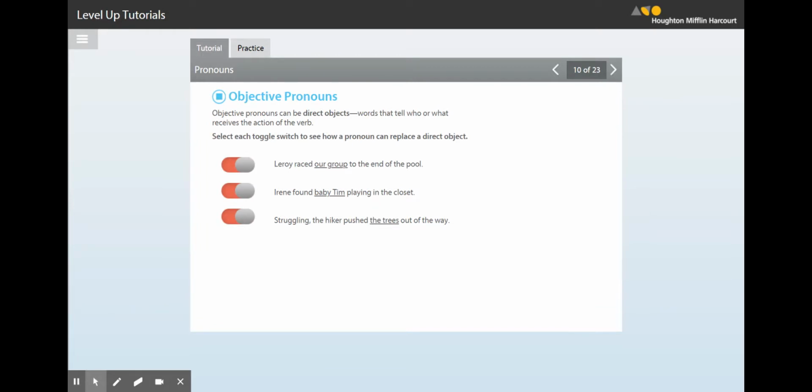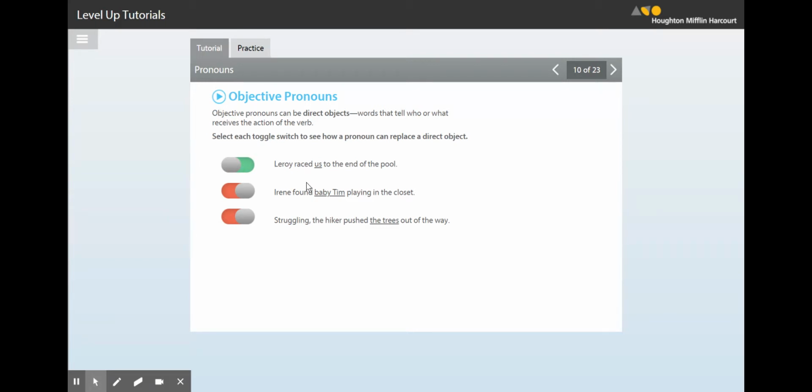Objective pronouns. Objective pronouns can be direct objects, words that tell who or what receives the action of the verb. So, Leroy raced our group to the end of the pool. If we were to replace our group with a pronoun, we would change it to us. Us is an objective pronoun, right?